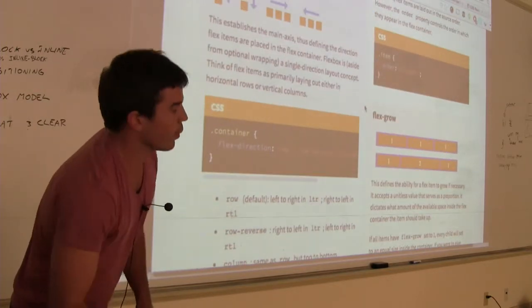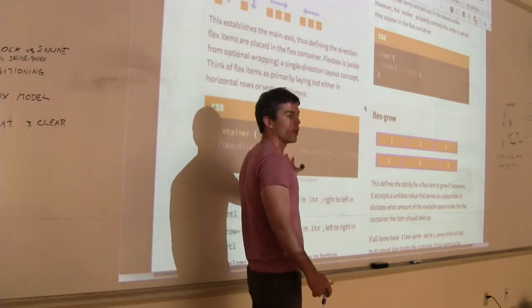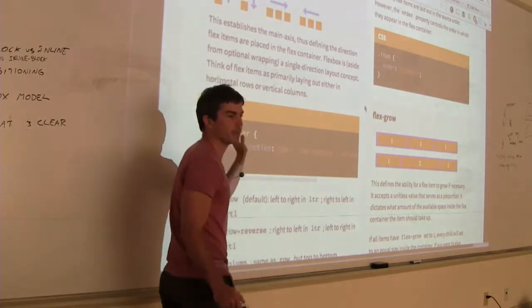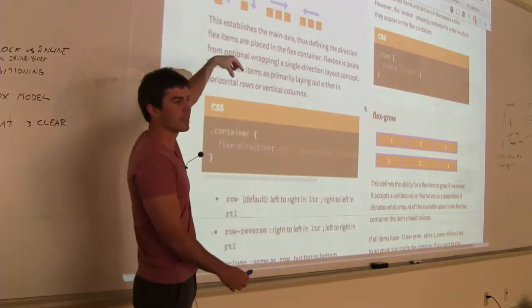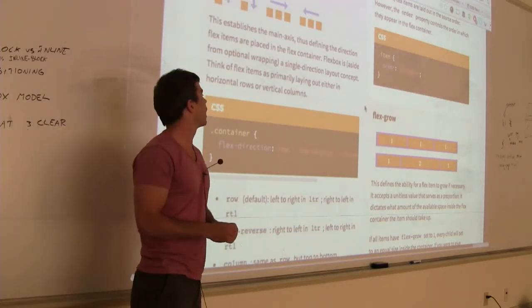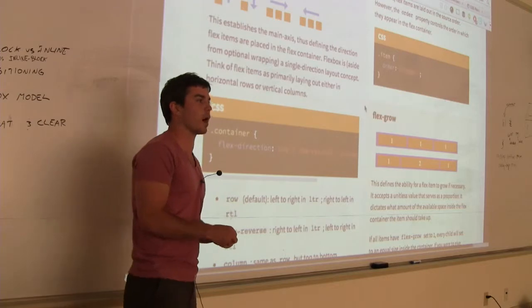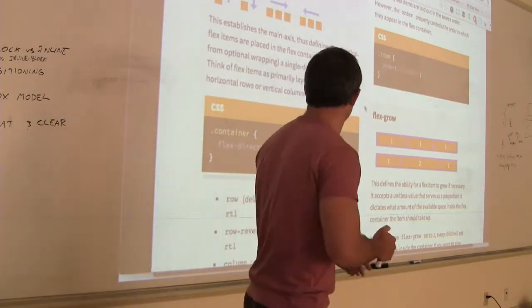Then we want to specify the Flex direction. The default is row, so it's just going to go left to right, right? You also have column, so you can stack the different elements, and these can be divs like we talked about, any block level elements.